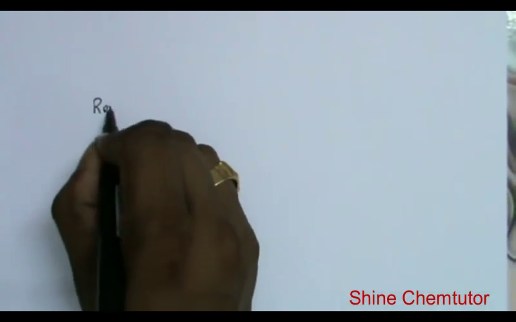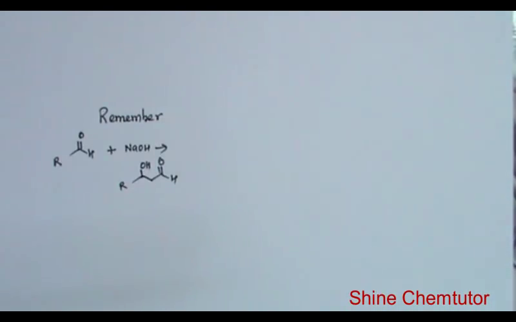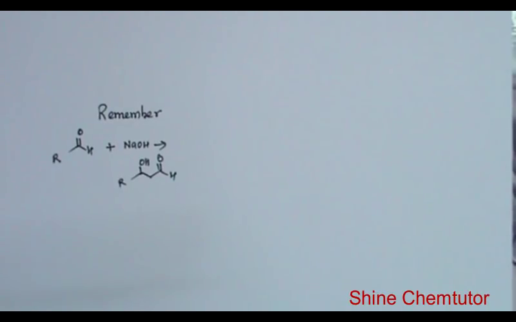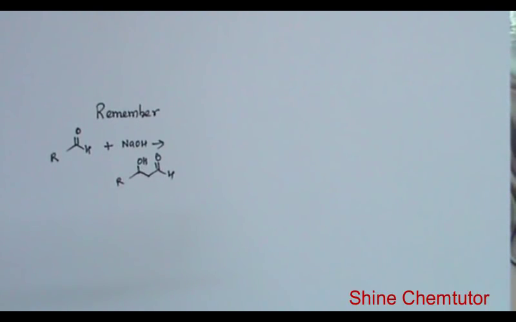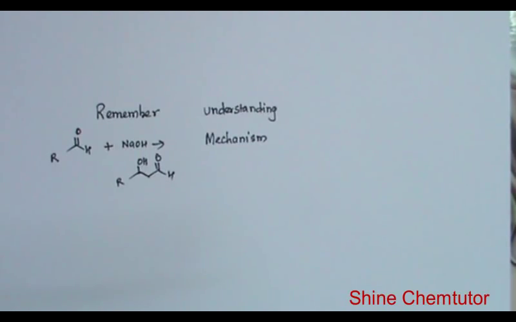The students try to remember all the 6 levels. That is, according to the student, the remember part. The first level, they try to memorize, they try to remember. The second one, mechanism. That also they try to remember.